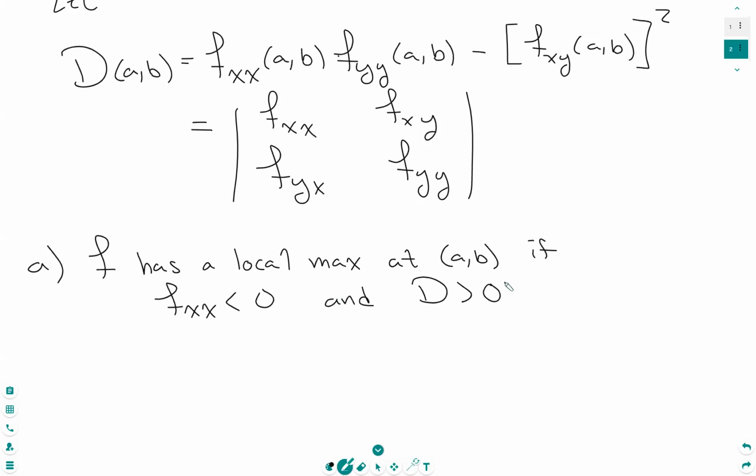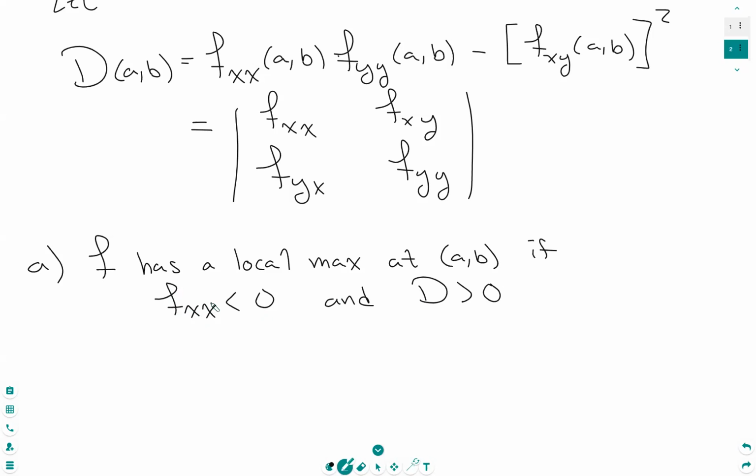Okay, so let's dive into why this makes sense, and this is how your book lists it. You can also use fyy here. They just arbitrarily pick fxx, but you can also check fyy.